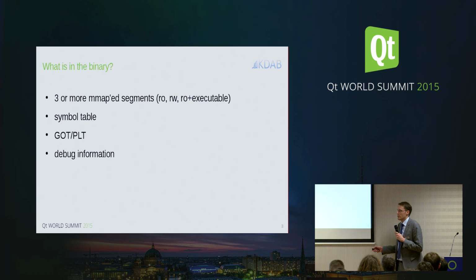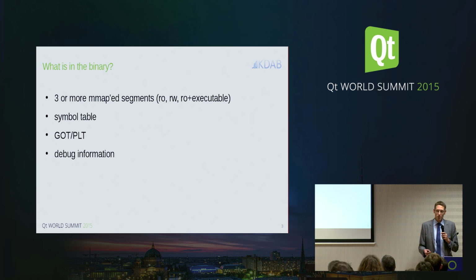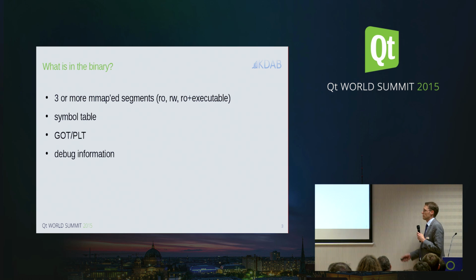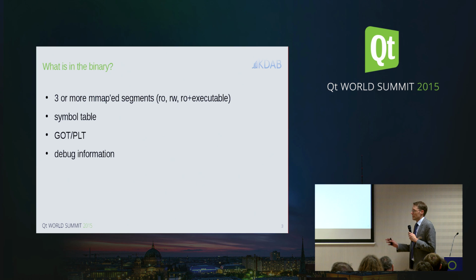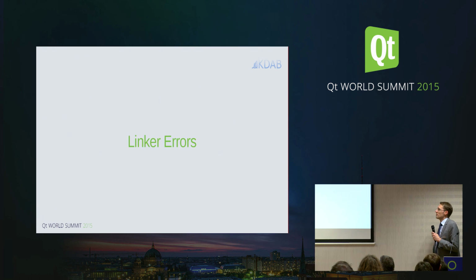The debug information is just extra stuff tagged onto the binary file that doesn't really impact runtime. It just gives you ways to map code location or memory addresses back to source code. Of course, this goes into way more detail if you would have the time for it. But that is enough for the following use cases.